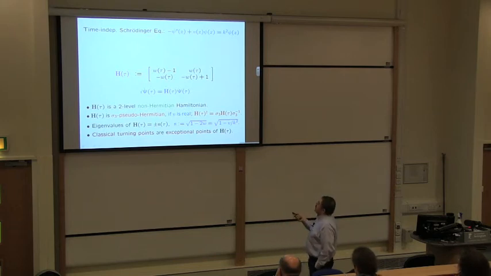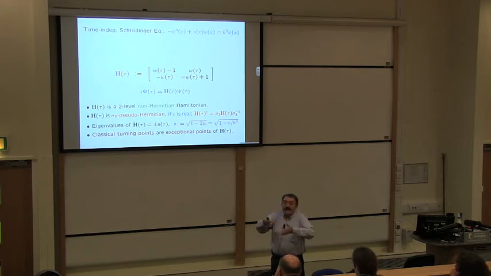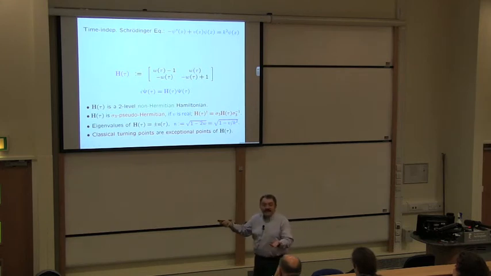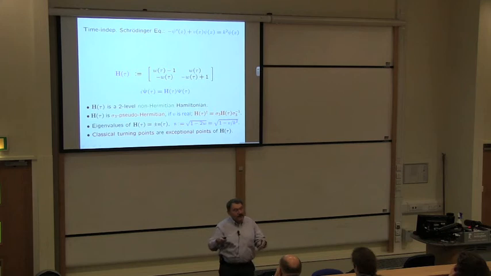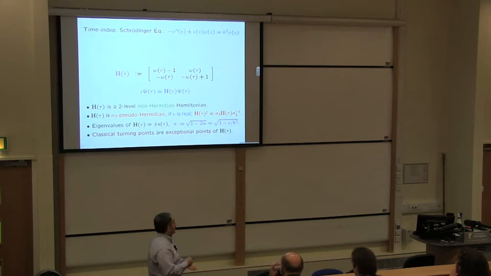Very convenient. And what happens if v of x makes this 0? The eigenvalues collapse. The Hamiltonian becomes non-diagonalizable, and that's precisely the turning points in the classical system. So turning points in the classical system correspond to exceptional points of the quantum system, where you develop a Jordan block type thing.